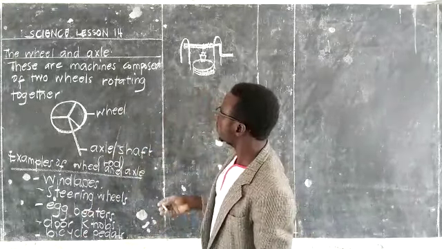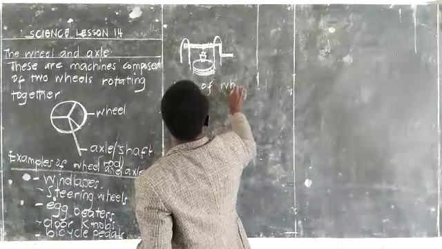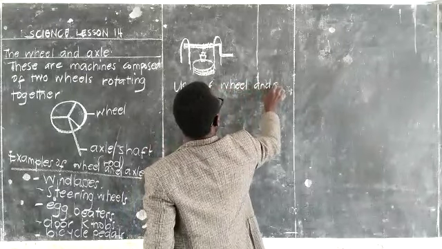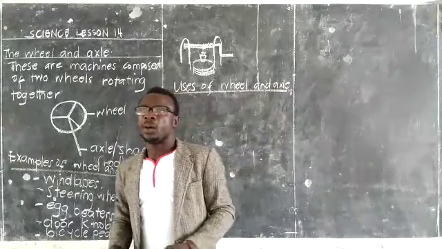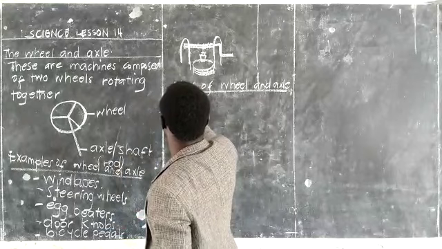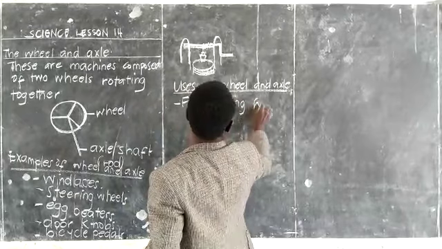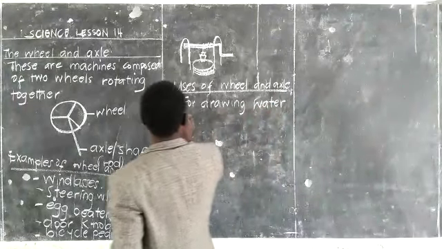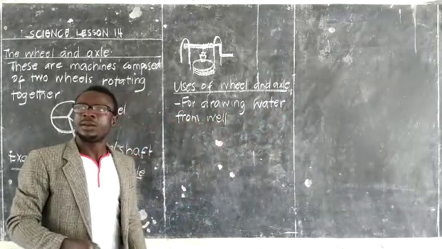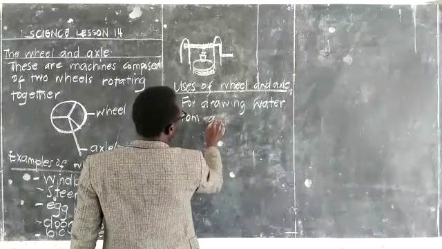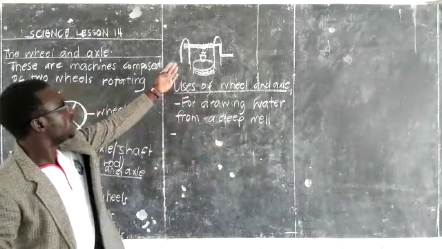We have uses of wheel and axle. One of them is that they are used for drawing water from a deep well, which I just explained here.